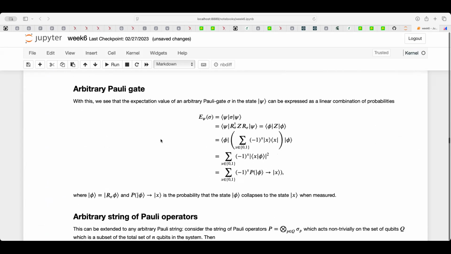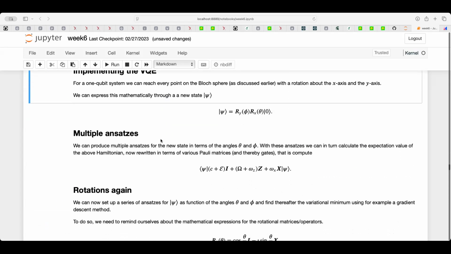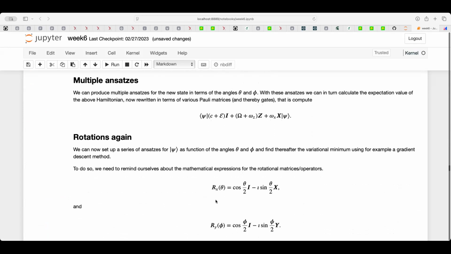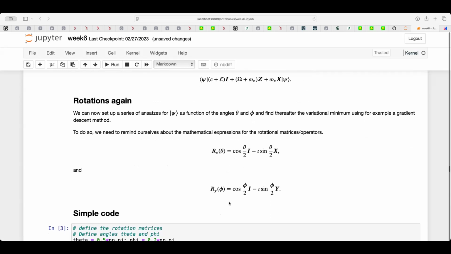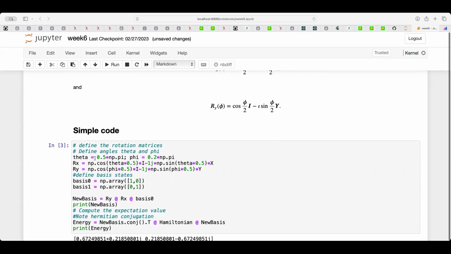We don't have a Pauli Y matrix, so we don't need to worry about that one. But these are the eigenvalues. So we are now going to make these computations, and these are the transformations which we're going to make. So this is the rotation around an angle theta, and this is the rotation around an angle phi. And as we discussed a little bit earlier, this is just a reminder of what we did.